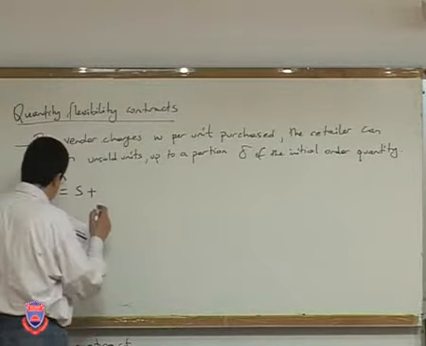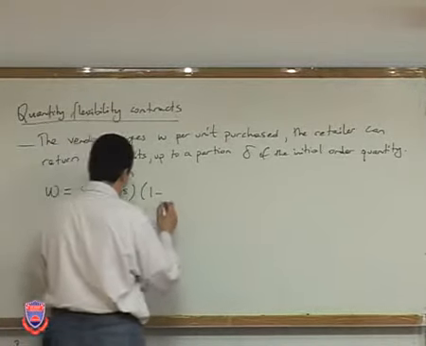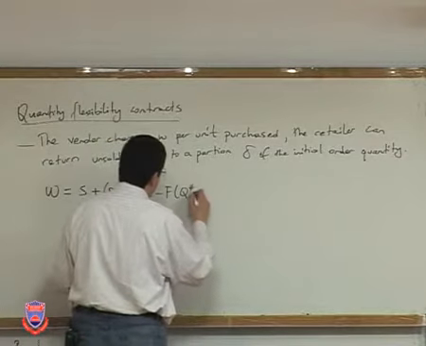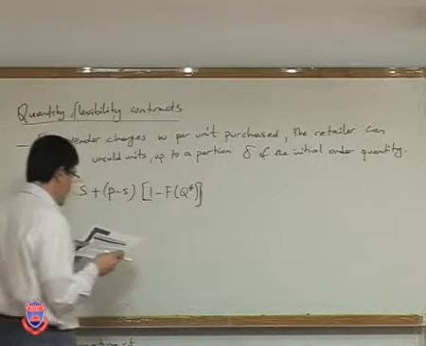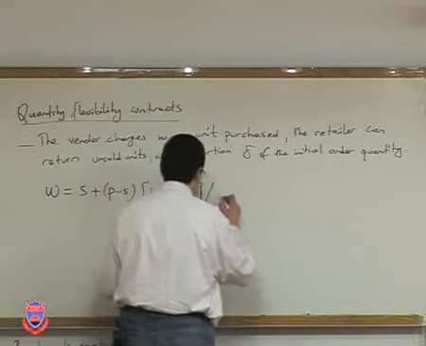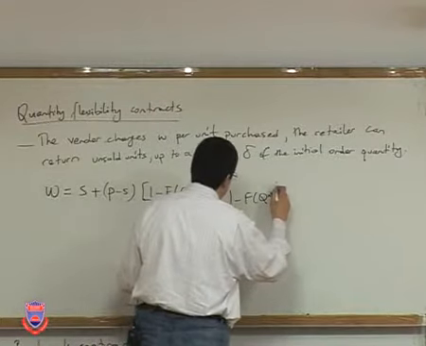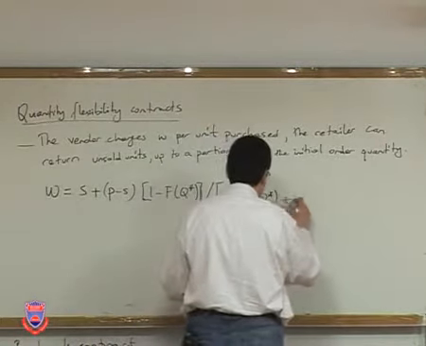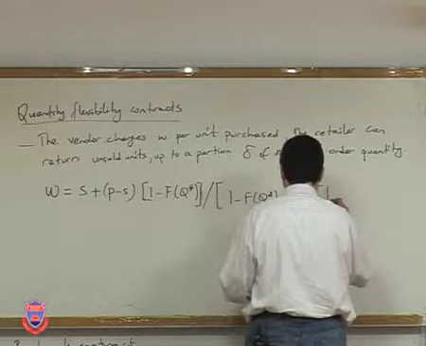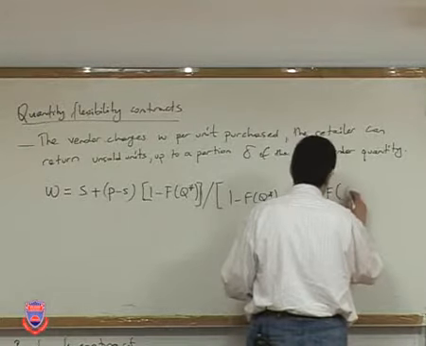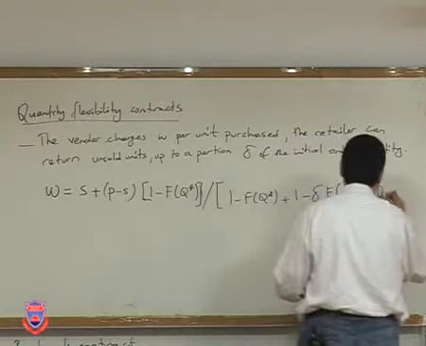We're going to have S plus P minus S times 1 minus F of Q optimal, let me use square parentheses, divided by 1 minus F of Q optimal plus 1 minus delta times F of 1 minus delta times Q optimal.